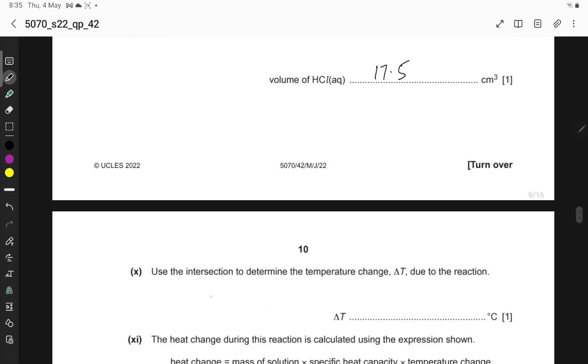Use the intersection to determine the temperature change, delta T, due to the reaction.